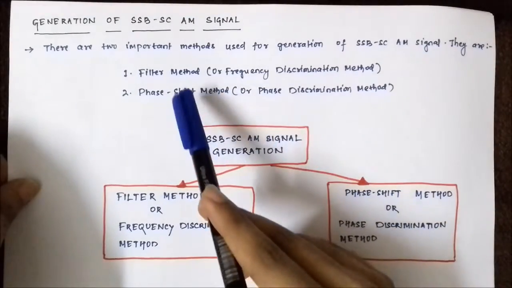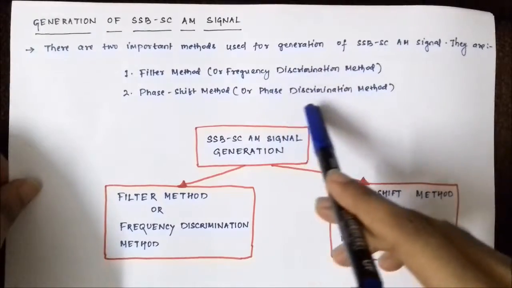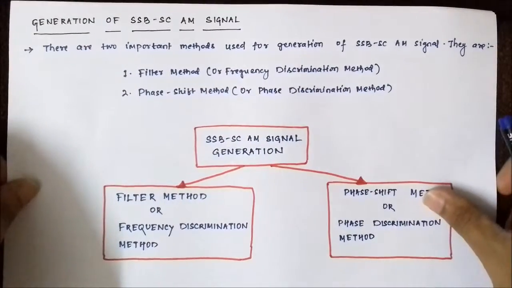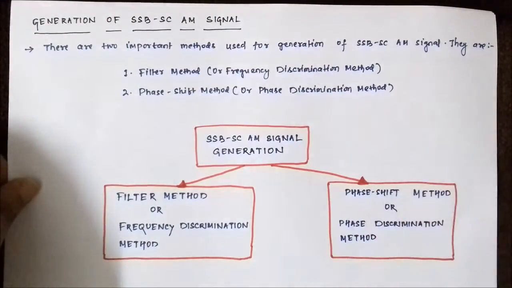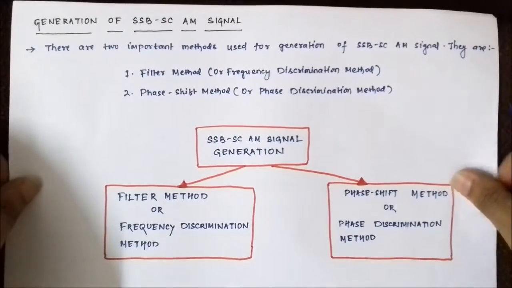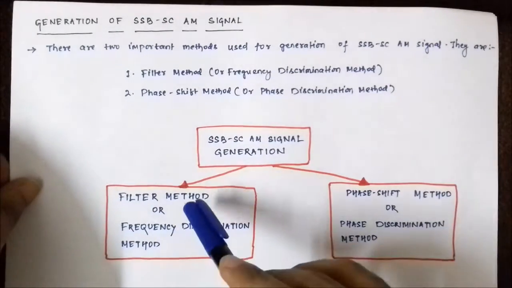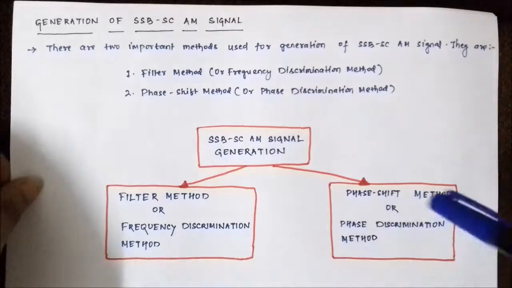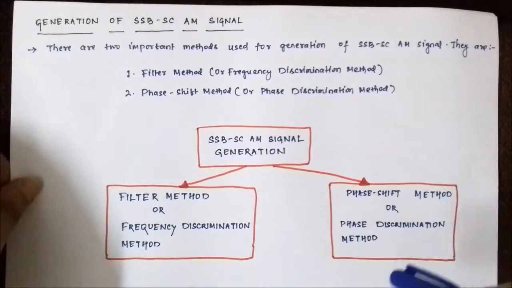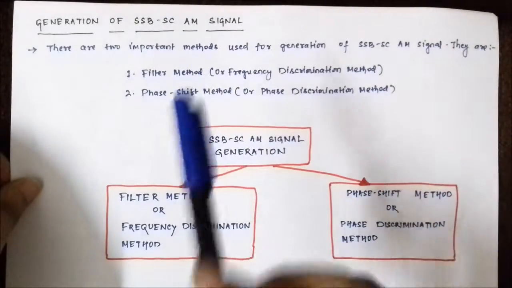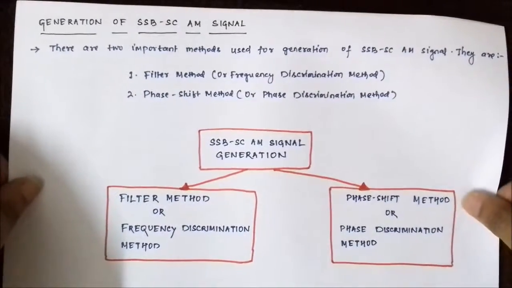In today's video we will be discussing the filter method or the frequency discrimination method, and the phase shift method we will be discussing in a separate video. So we have two methods: the filter method involving frequency, and the phase shift method involving phase, for the generation of a single sideband suppressed carrier signal.